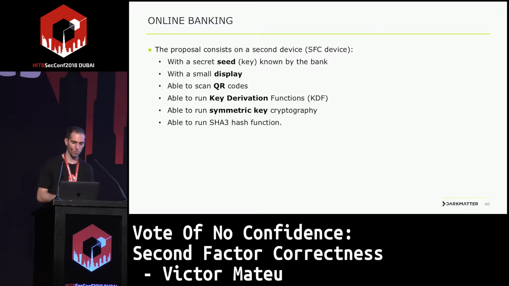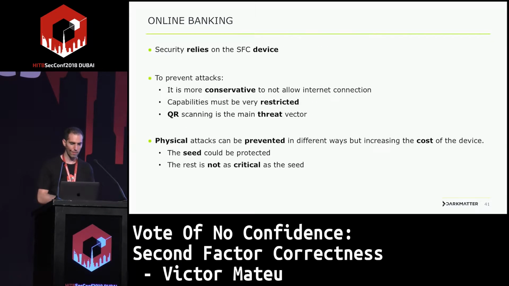In our case, we chose KDF, AES, and SHA-3. And for this reason, in our case, the security of the whole system will rely on this second device that we have set up with these constraints. We are going to use this device to prevent attacks.